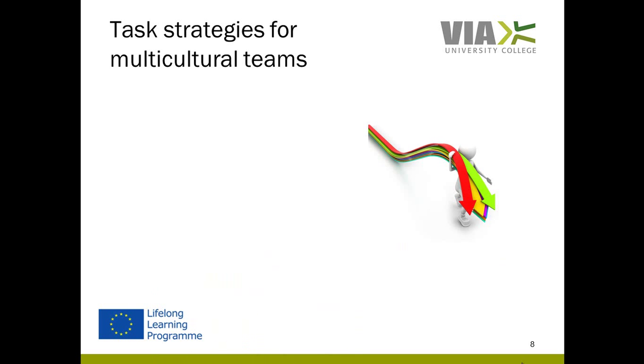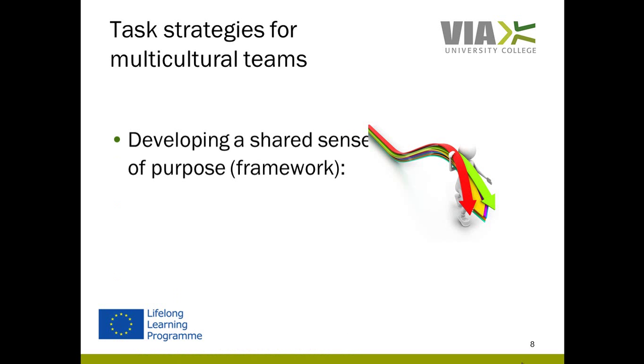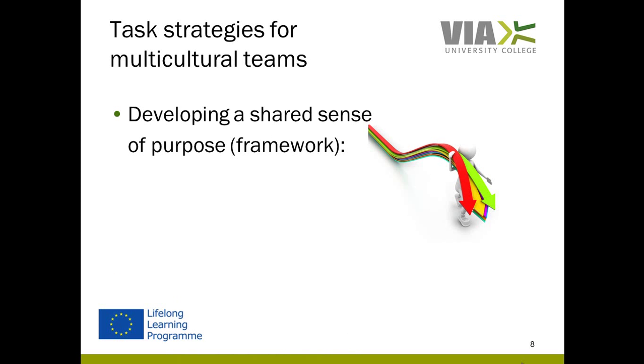What are then the task strategies for managing multicultural teams? One of the most important elements of successful teams is having a shared sense of purpose. Members of diverse teams generally have more difficulty agreeing on their purpose and task than members of homogeneous teams.